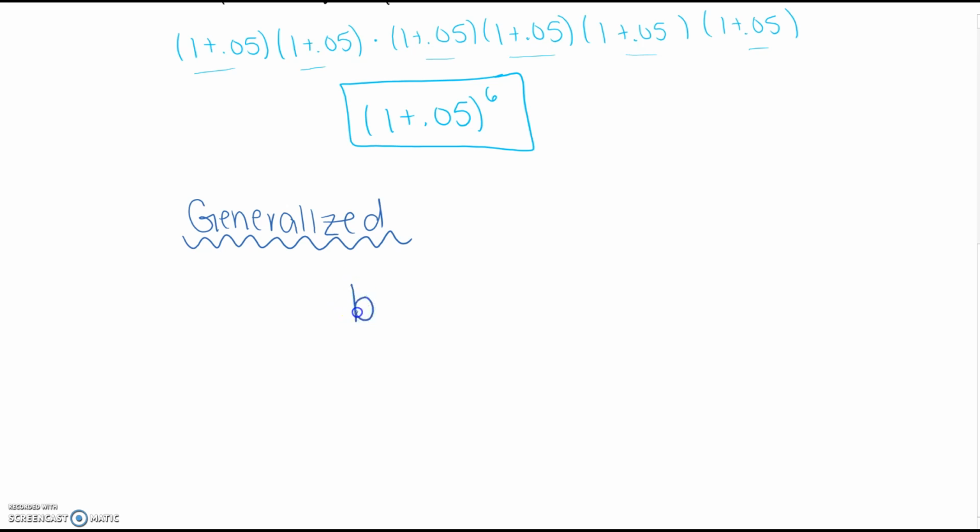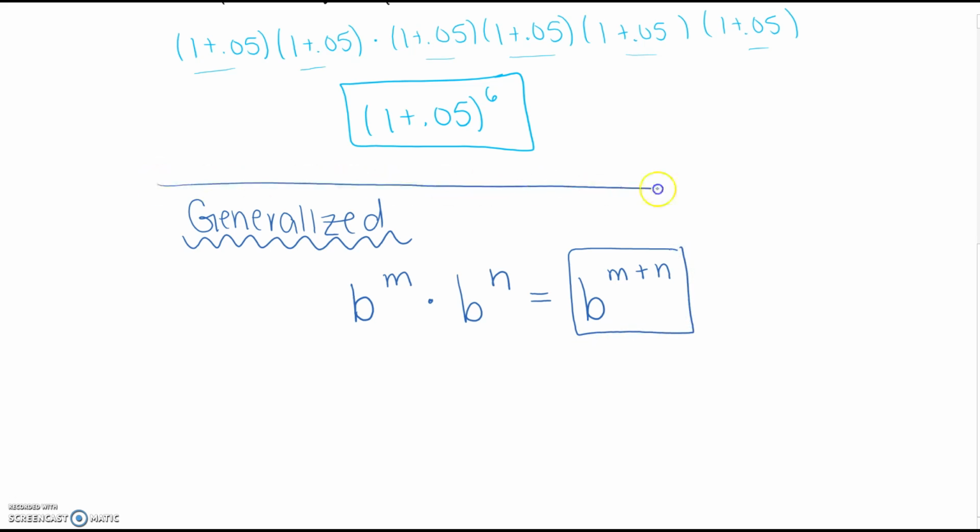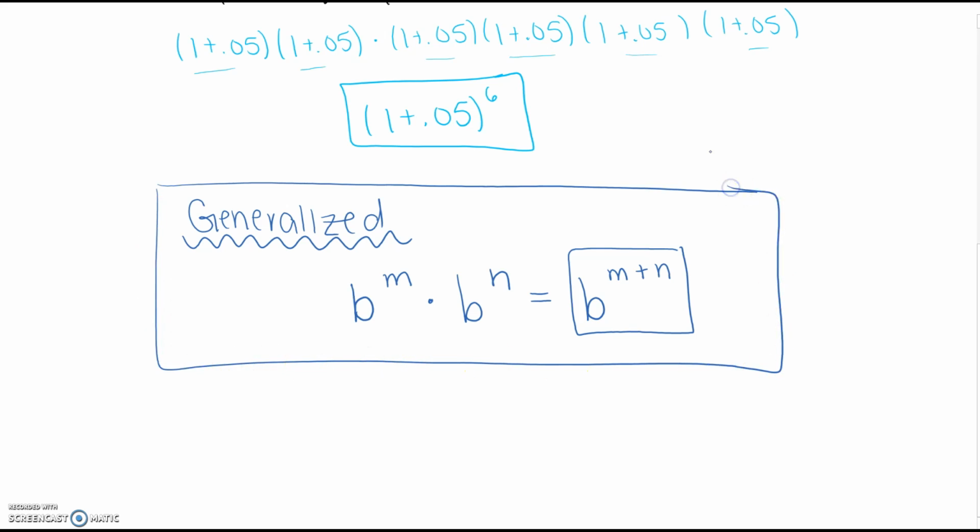So if I have b to the m times b to the n, that is the same as b to the m plus n. Okay, so this is the generalized formula of the multiplication property.